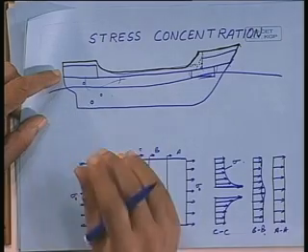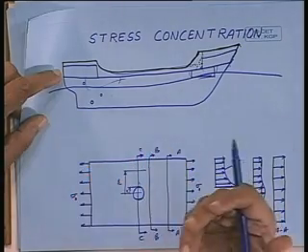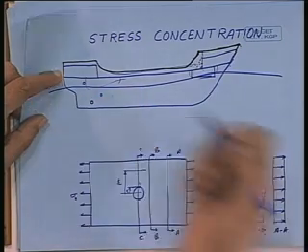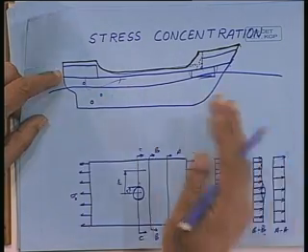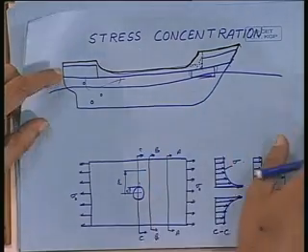So these are all circular holes, maybe of 2-inch diameter or 4-inch diameter, from where you are sucking in the water and you are also throwing away the water after treatment, etc. Or it may be just for the cooling purpose, for the heat exchanger or some such thing. You take the sea intake and then you throw it out.